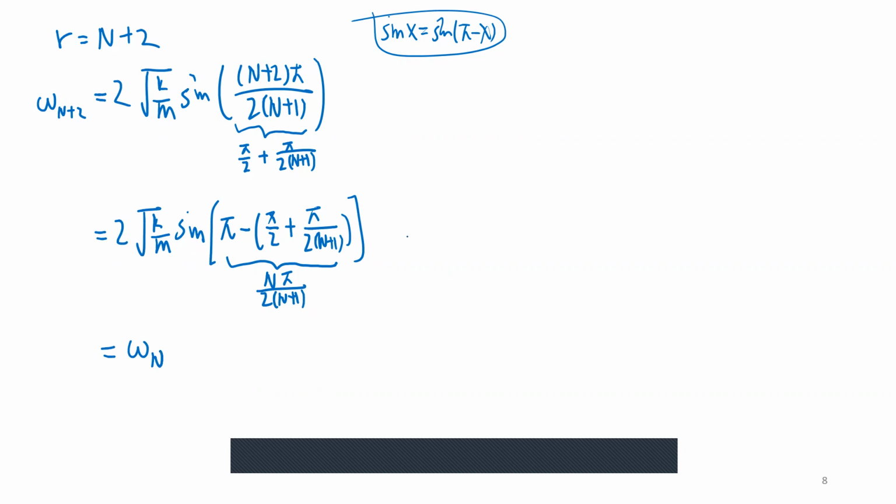So if you substitute r equals n plus 2, you don't get a new frequency. Instead, you get a value that you have seen before already.